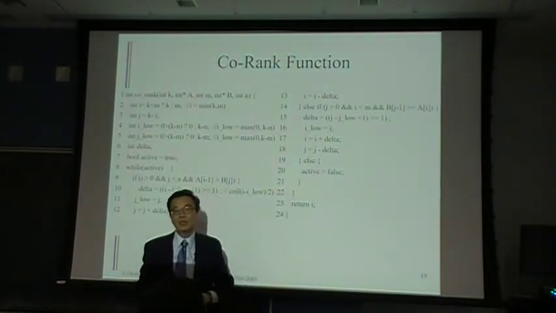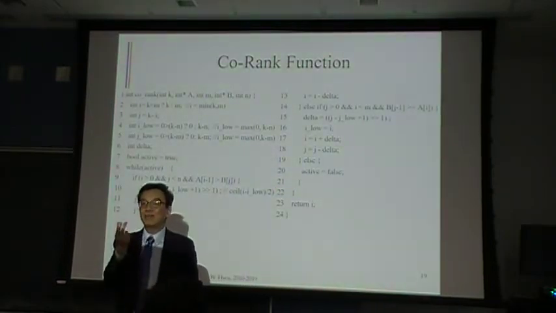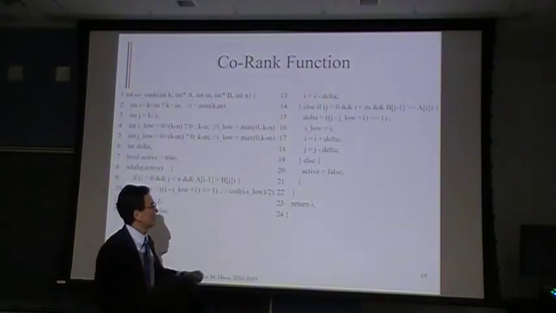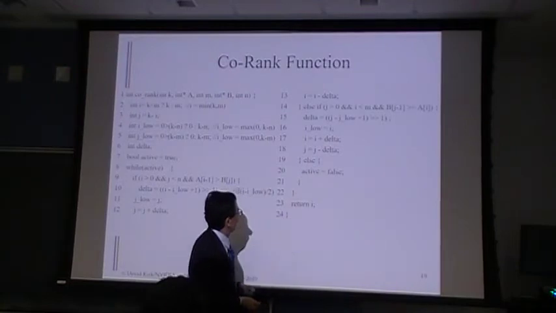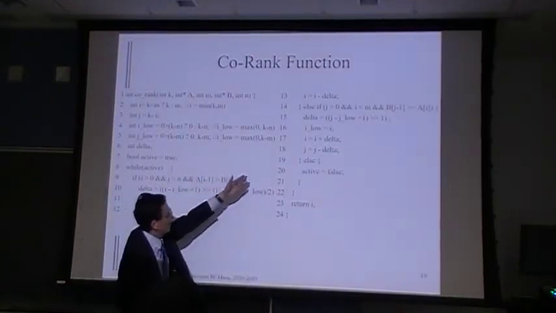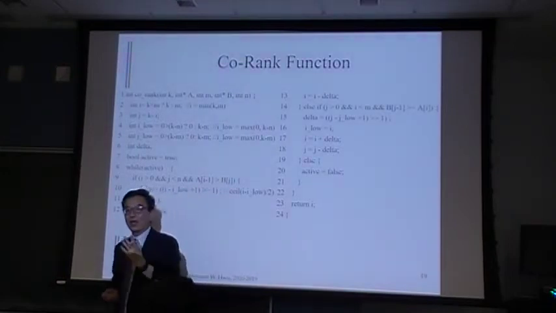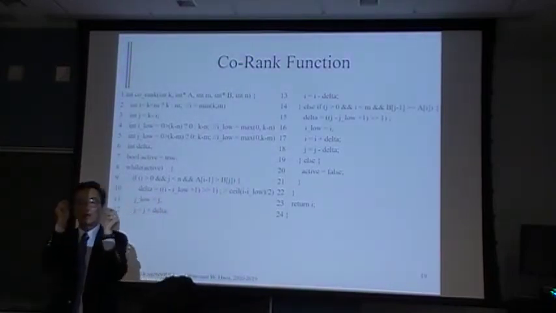When you come down to here, that means that you already found the element, okay? And that you said then it is inactive. That means that the while loop will exit, and then you will return that i value. So that's where you found the value, okay?